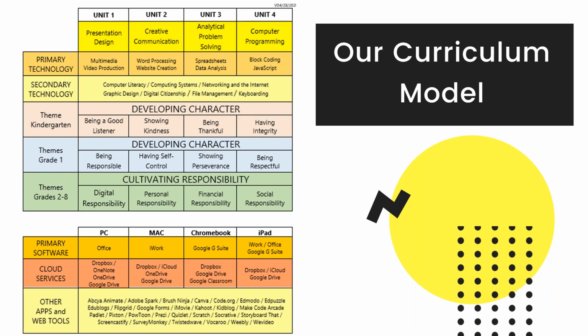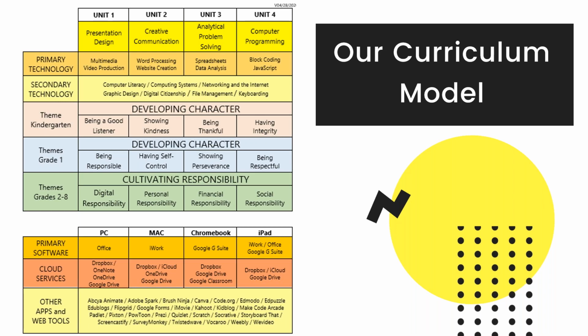Our units have a primary technology, and then they have a secondary technology that's really just interweaved throughout all the projects. So let me go through this table with you. Our first unit is all about presentation design. We're teaching the students the primary technology of multimedia and video production. In unit 2, we're talking about creative communication, teaching the students word processing skills and website creation.